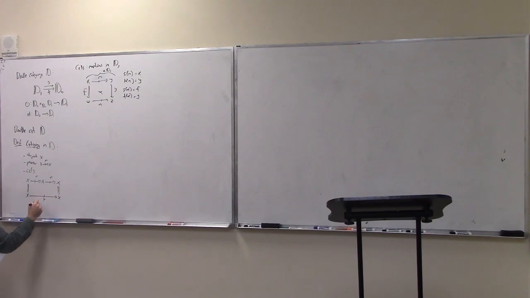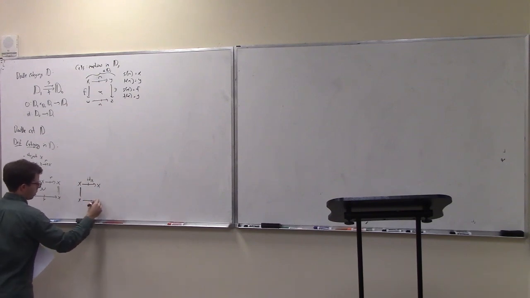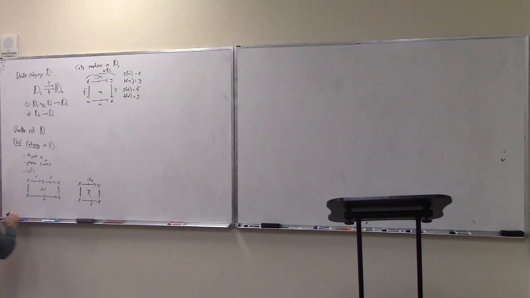So there's a composition and there's a unit, and these need to obey the category axioms. So you can express associativity and the unitality laws using the composition that is available in the double category.